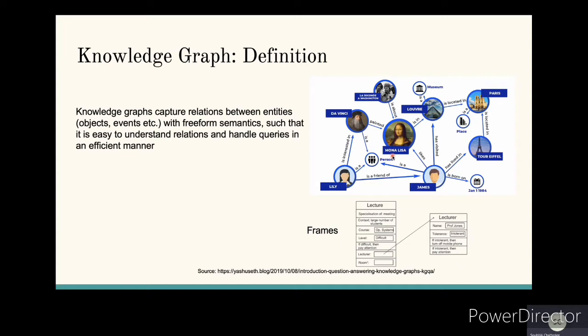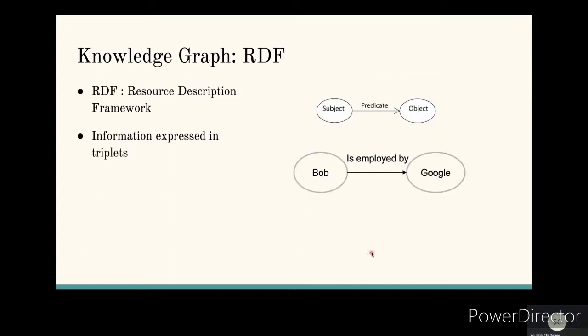And actually, the nodes can not only have a single label, but they can also have something called frames, which has more detailed information on each node. And this information can, of course, be updated over time. So, in order to efficiently query such a graph, the relations can be expressed in the form of the resource description framework, which is the most popular form of relation that can be expressed.